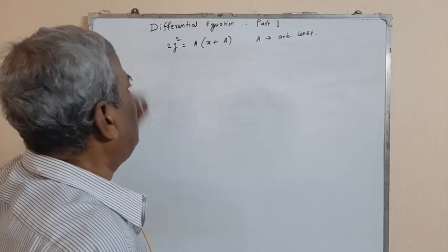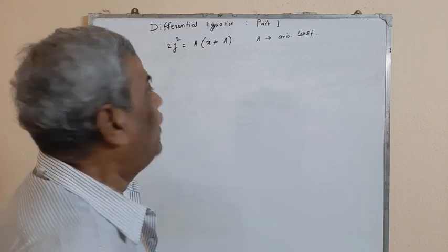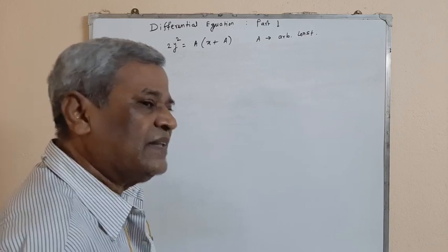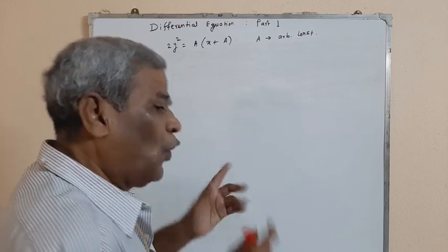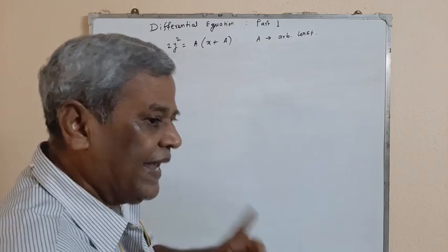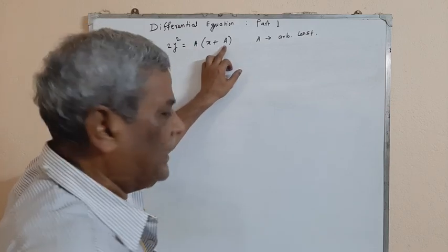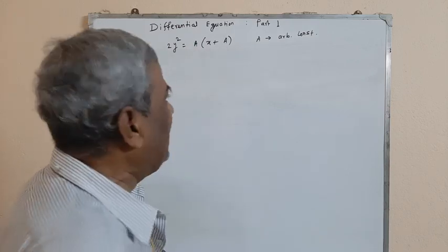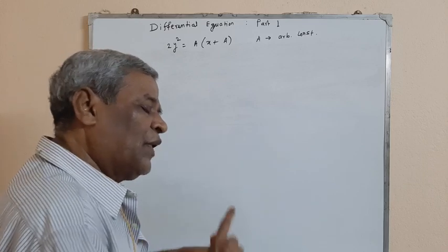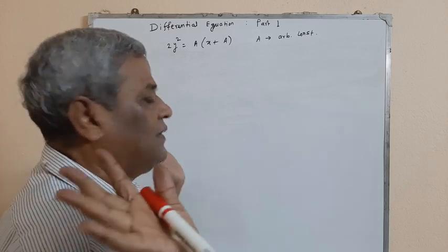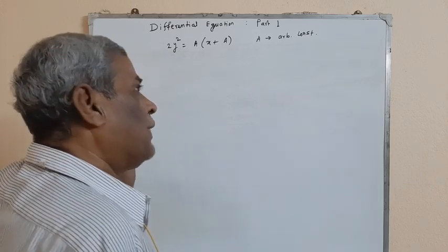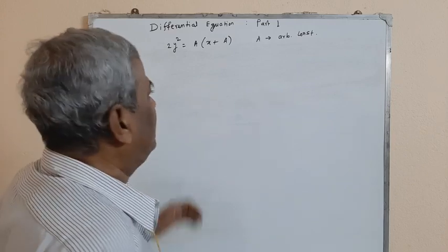First of all, you see how many arbitrary constants are there. Only one arbitrary constant a is there. a is present twice, that does not matter. What matters is that the number of arbitrary constants is 1.